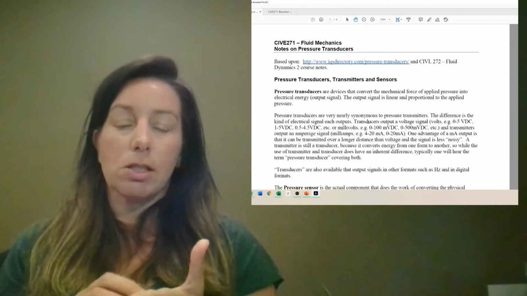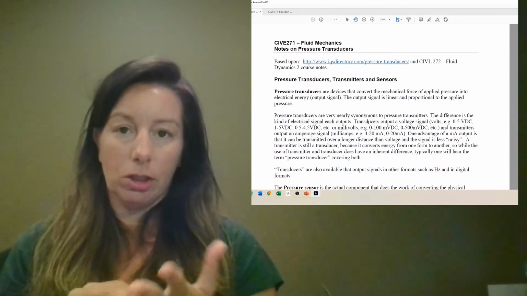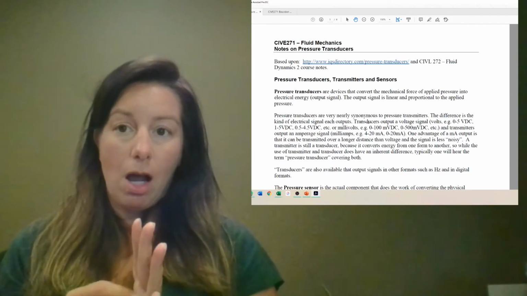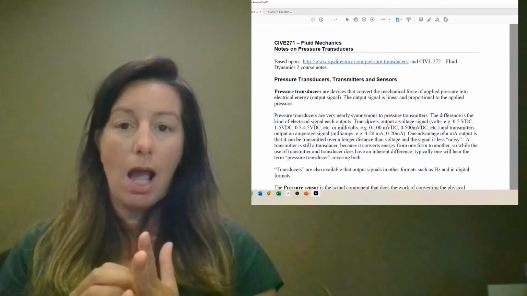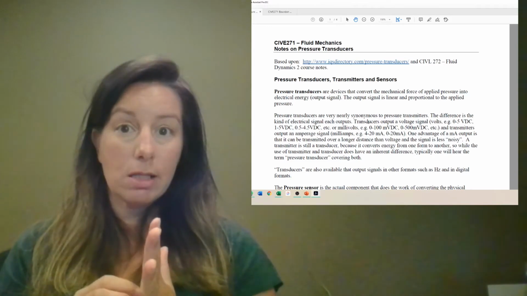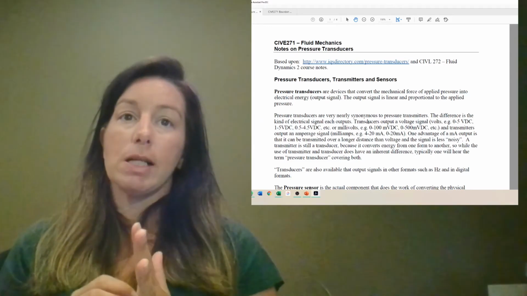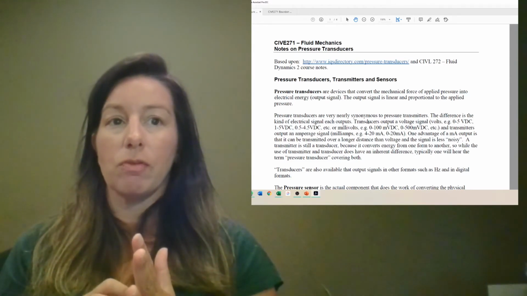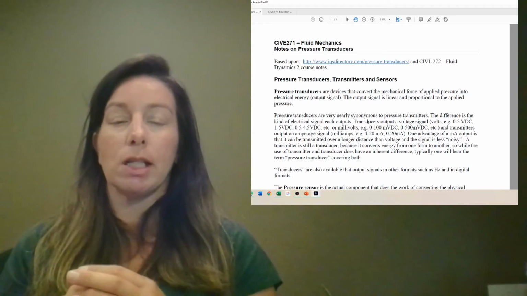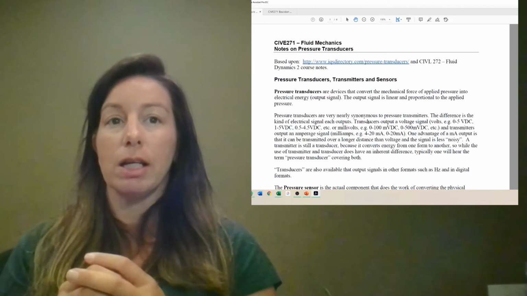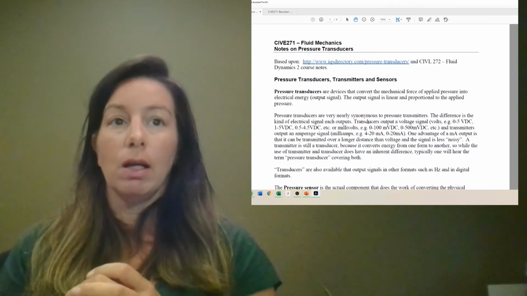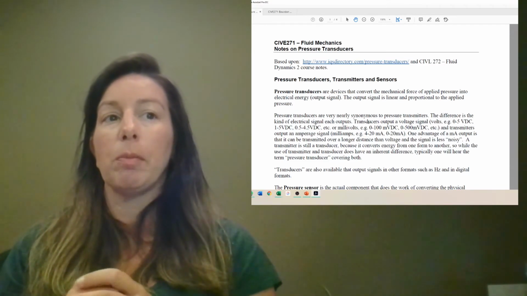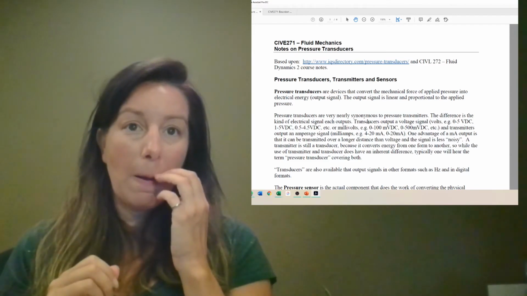So pressure transducers, I deal a lot with pressure transducers for waves and for flow rates in rivers. It's a device that converts the mechanical force of applied pressure into electrical energy. The output signal is linear and proportional to the applied pressure.